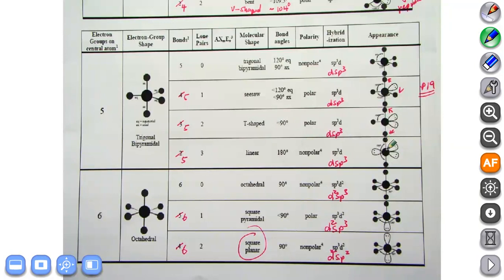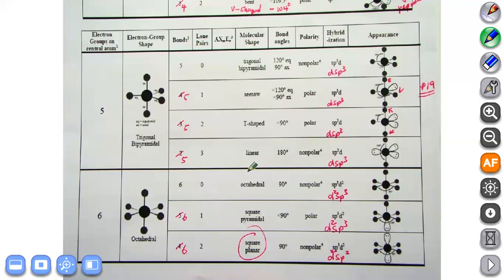So you have this linear staying, remaining linear, and the bond angle of 180. Because of the molecular geometry, the effects of repulsion would all be canceled out. So bond angle 180, once again, is linear.